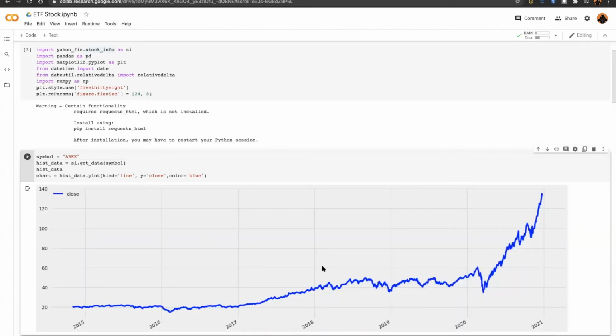Yeah, amazing, especially after 2020. Until 2020, it was kind of flat. It's not that good. But this year it's skyrocketing. One of the reasons is they heavily invested in Tesla.